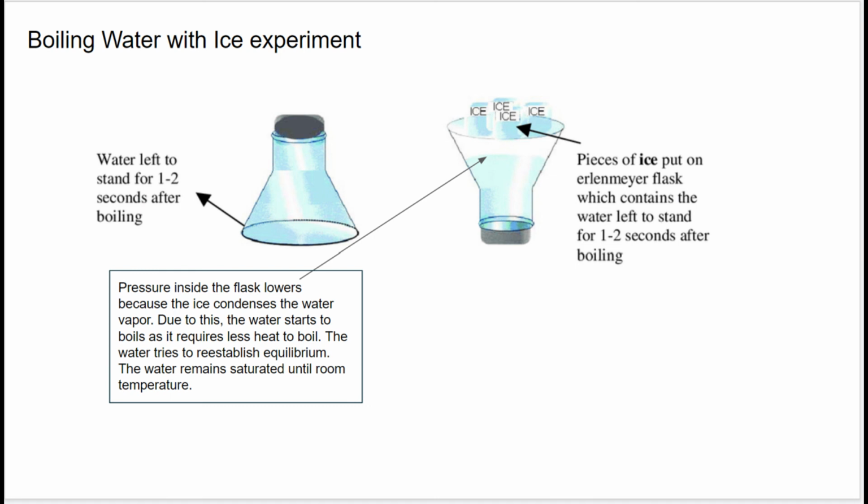This basically happens because the pressure inside the flask is lowered because the ice condenses the water vapor inside the container, and when it condenses it, it has more space and the water starts to boil as it requires less heat to boil.